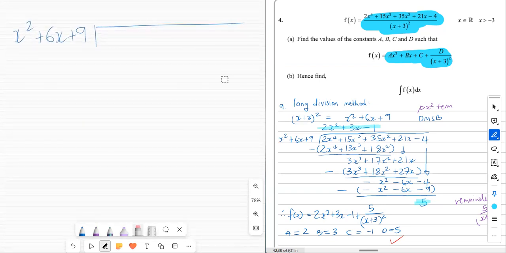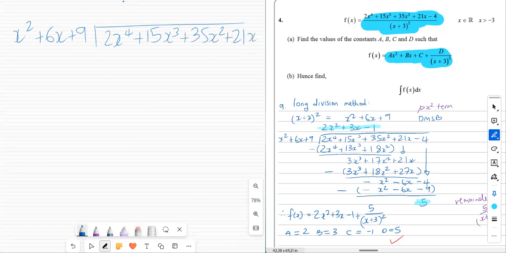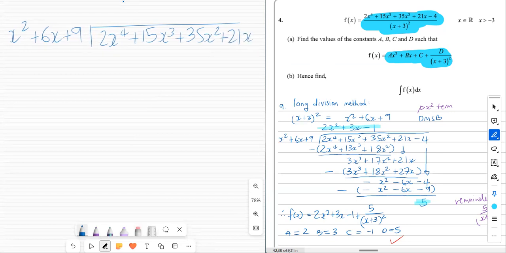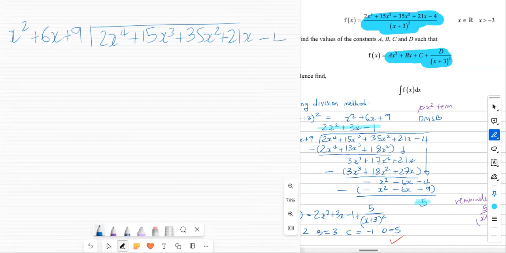And inside you put the numerator. So the numerator is 2x^4 plus 15x^3 plus 35x squared plus 21x, oh, running out of space. Okay, minus 4.